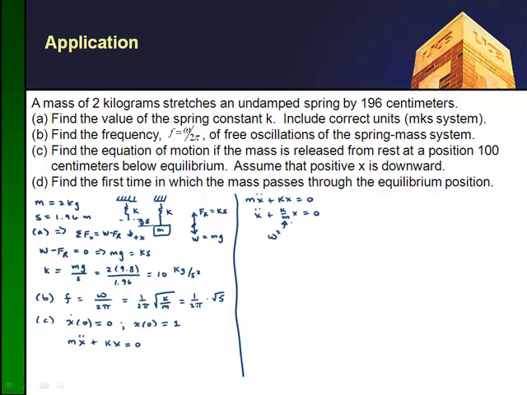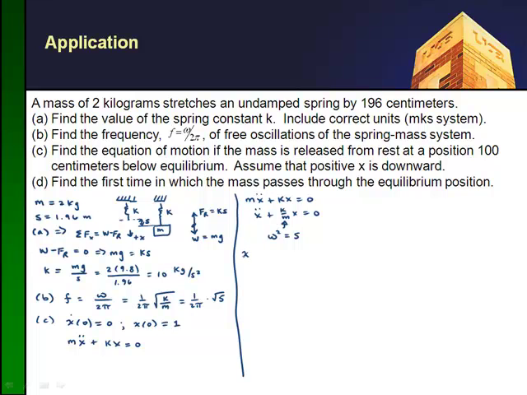So we already found omega as the root of 5. Our omega squared is 5, so 10 over 2, 5. And so we can write the solution. This is one of our special cases, or you can write the characteristic equation, and you'll see that this is case 3.